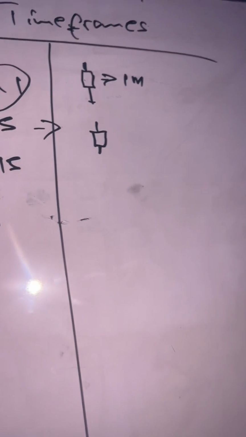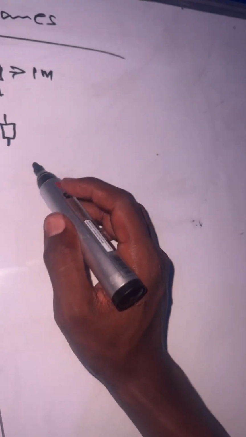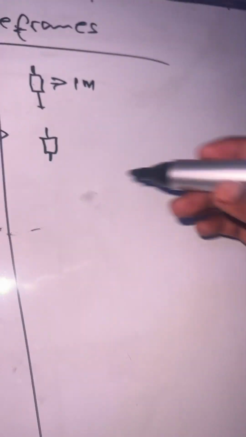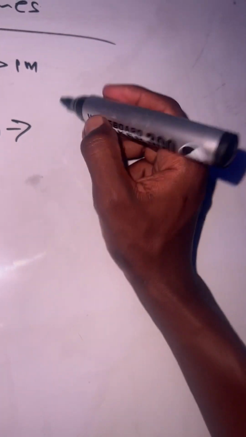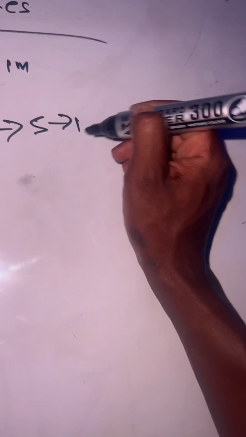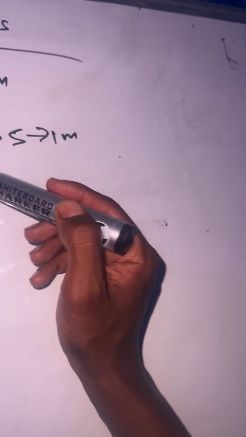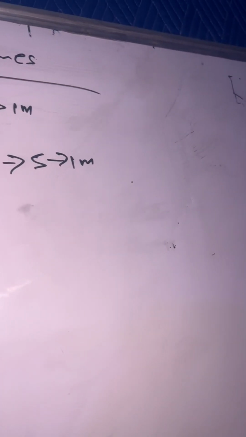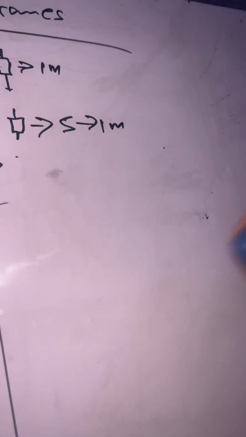That means we take the 1 minute time frame, and the 1 minute candles it takes to make one 5 minute candle, which means in one 5 minute candle there are 5 one minute time frame candles, and then in M15 there are 15 one minute candles, and then in 1 hour there are 60 one minute candles.